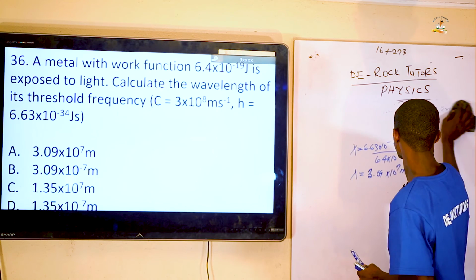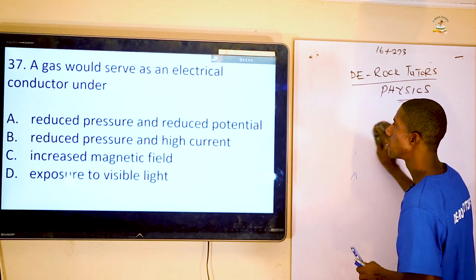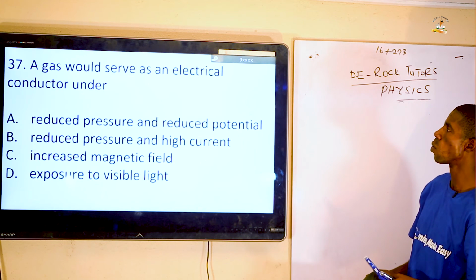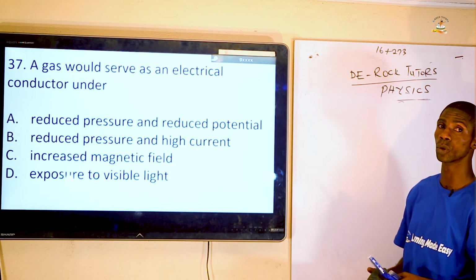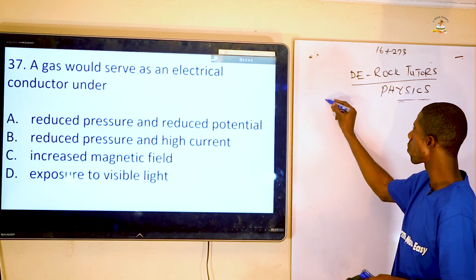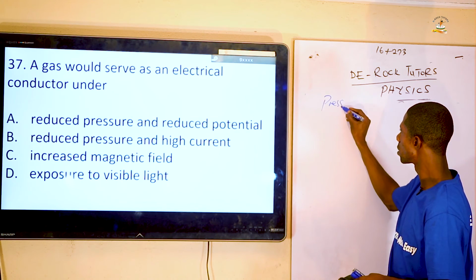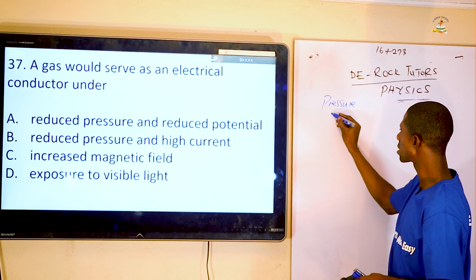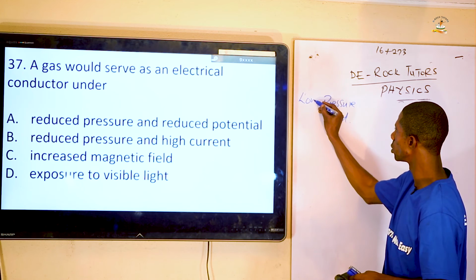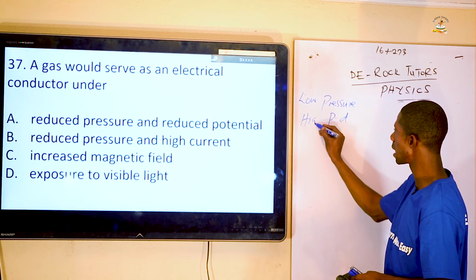So we'll go to the next question. A gas will serve as an electric conductor under two conditions, and the conditions are pressure and likewise potential difference. We are going to have low pressure and high potential difference.